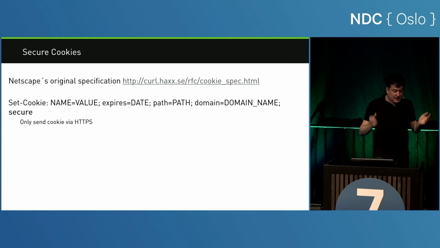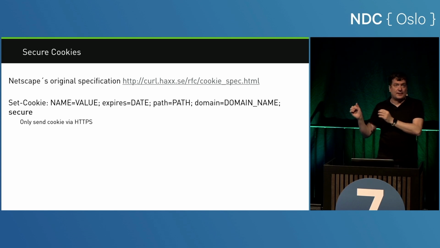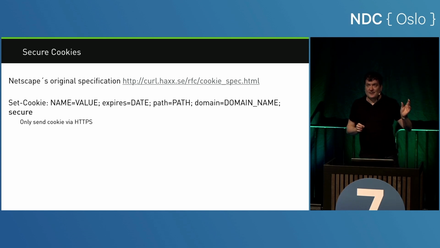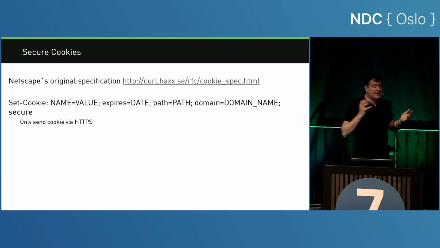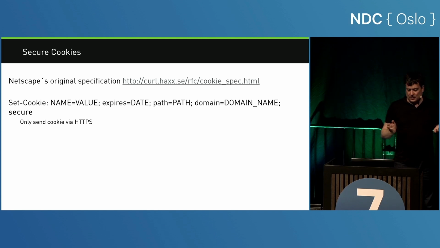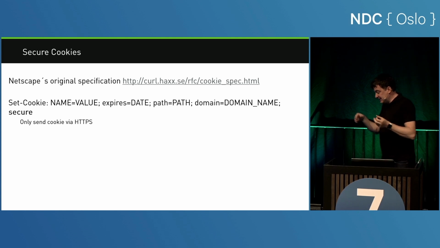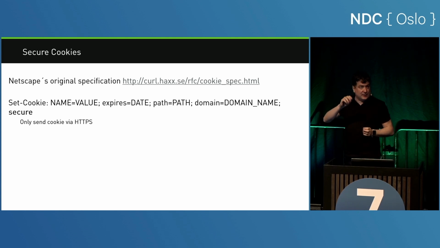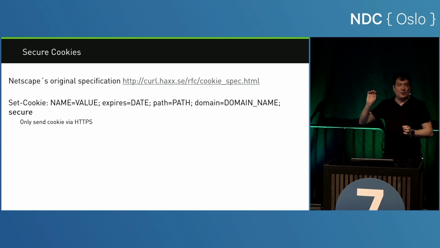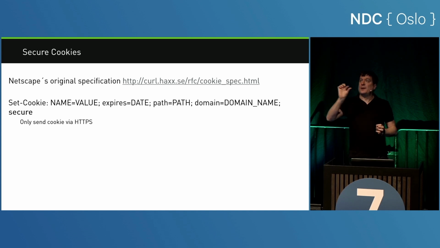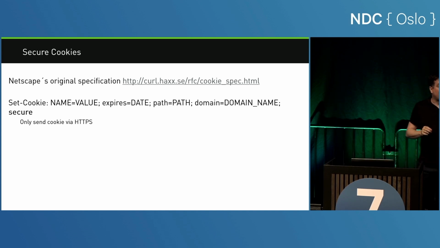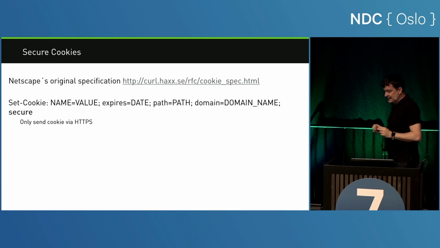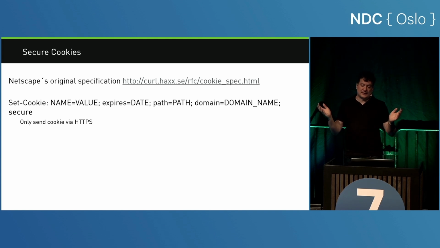Secure flag says this cookie can only be sent back and forth if a secure transport mechanism is used, so that means HTTPS for our web applications. So if you have a cookie, a session cookie, and then someone goes to http://ndcoslo.com, that cookie will not be sent because it's not HTTPS. So cookie theft can be prevented like this.